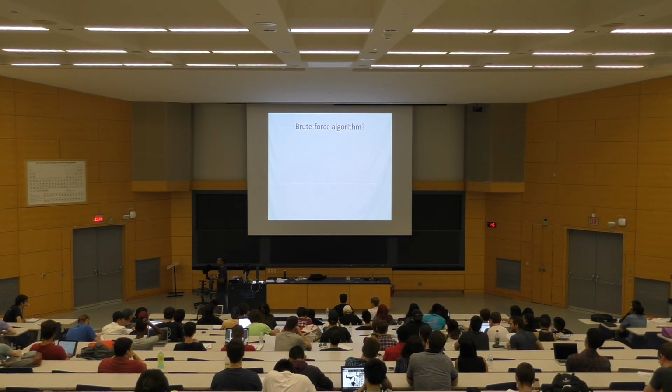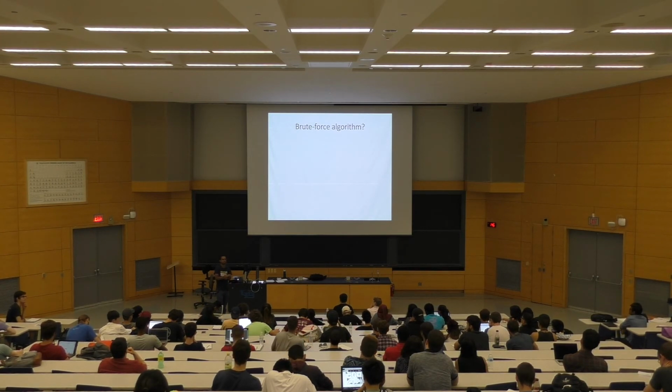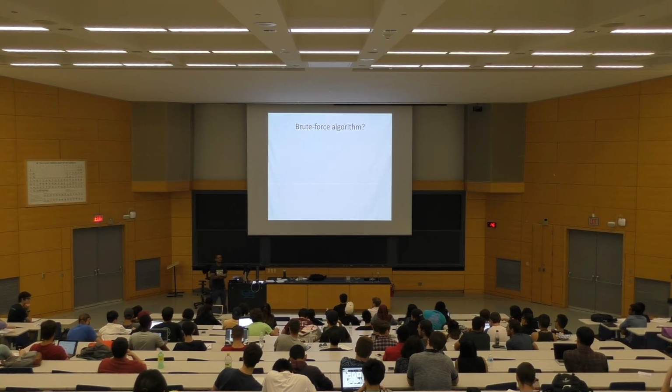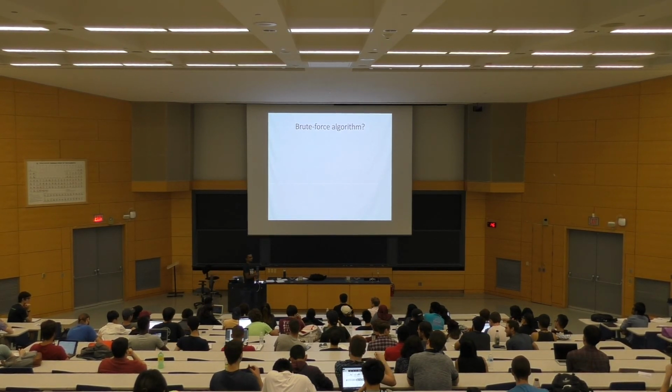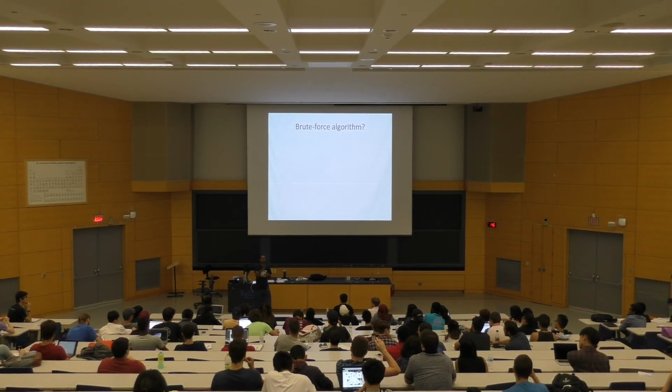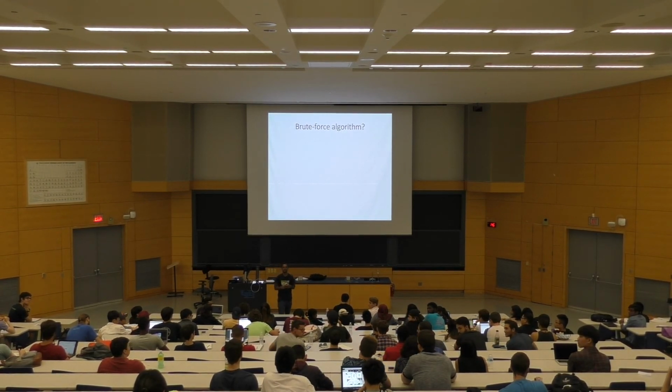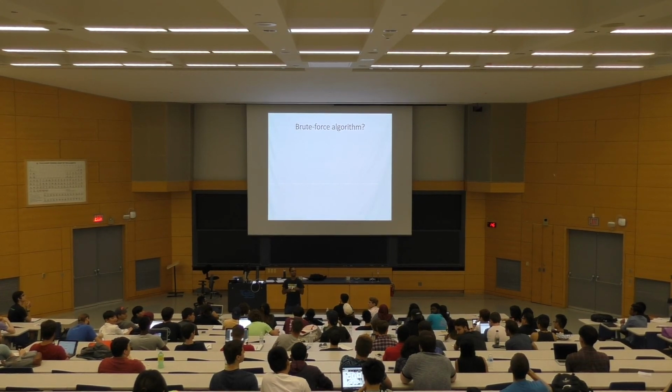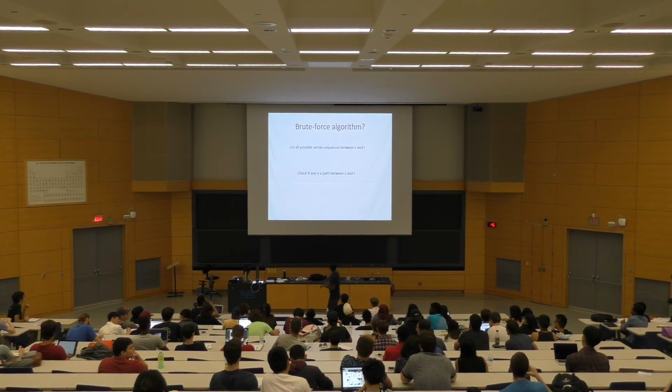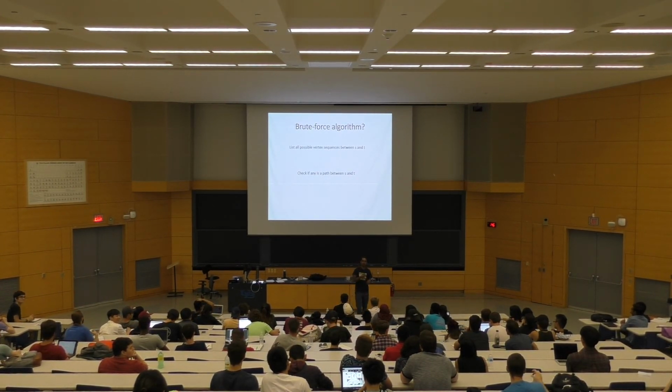So what would be the dumbest brute force algorithm you can think of to check, if I give you a graph G and two vertices S and T, whether they're connected or not? I forgot your name. Brian. Generating every possible path. Perfect. So you want to generate all possible paths.